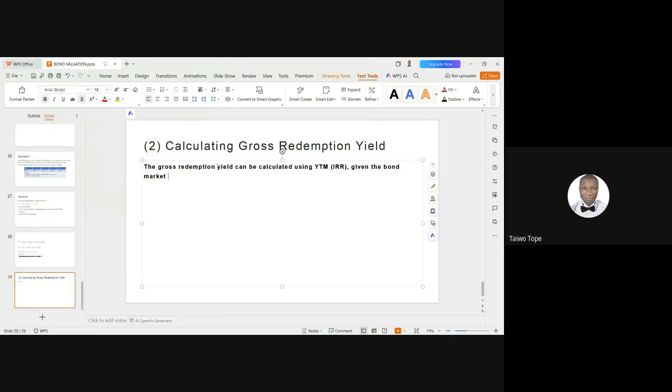And the current market value, based on what you've just solved, is 98.57, as calculated in one above.